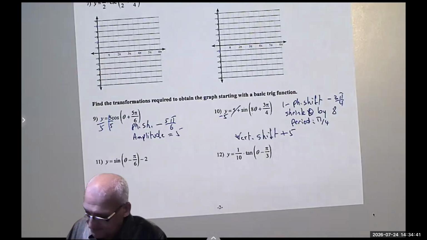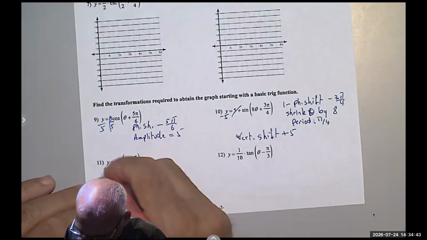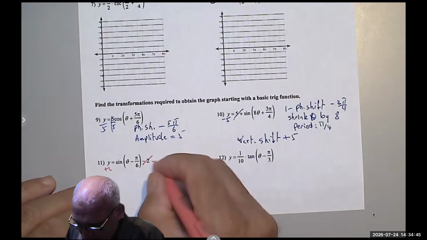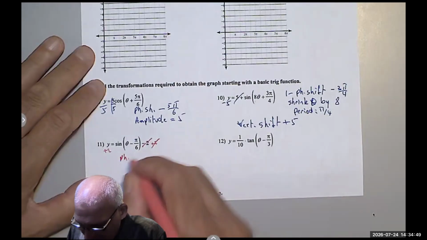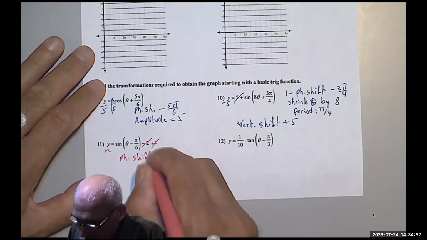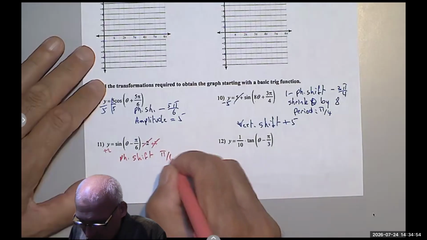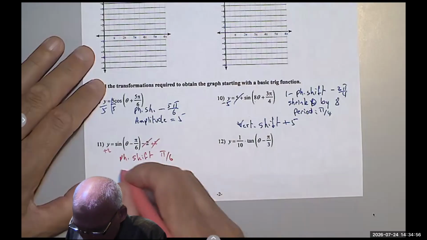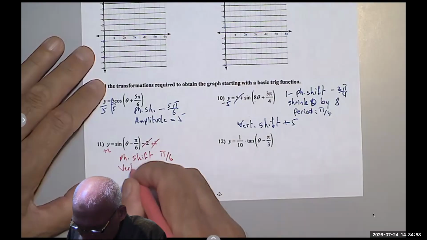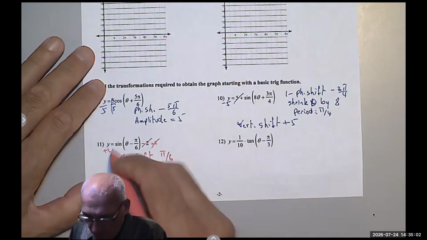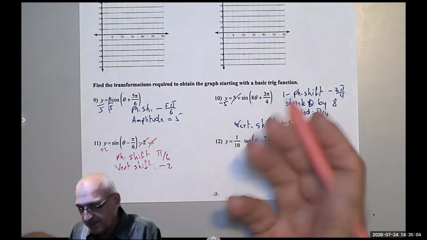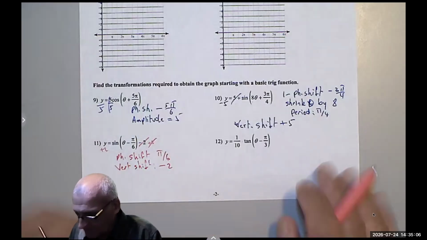What happens here? I add 2 to both sides. So I have a phase shift of pi over 6, and then a vertical shift of negative 2. Why? Because it's y plus 2. How do I make it y? I subtract 2.